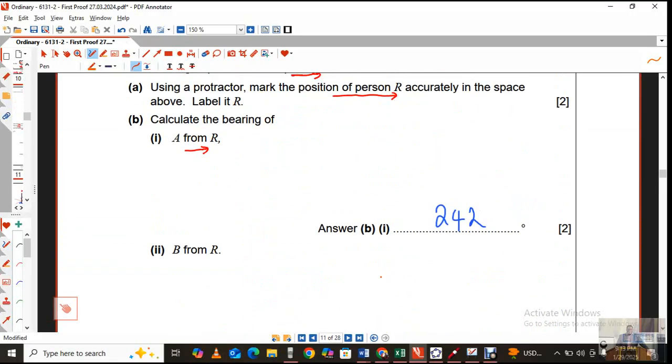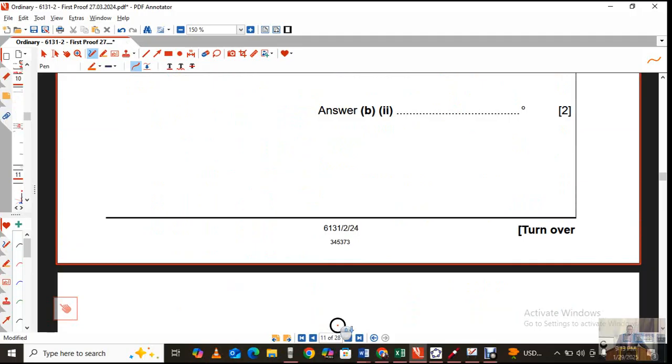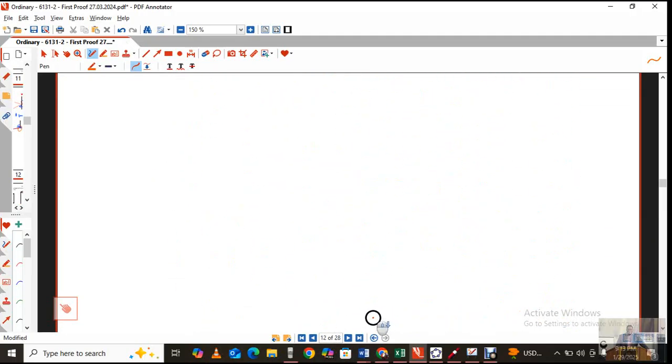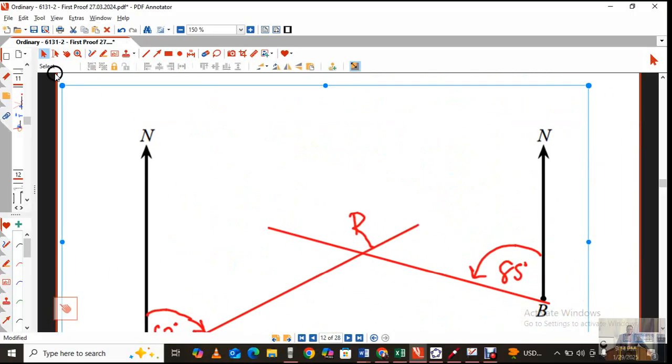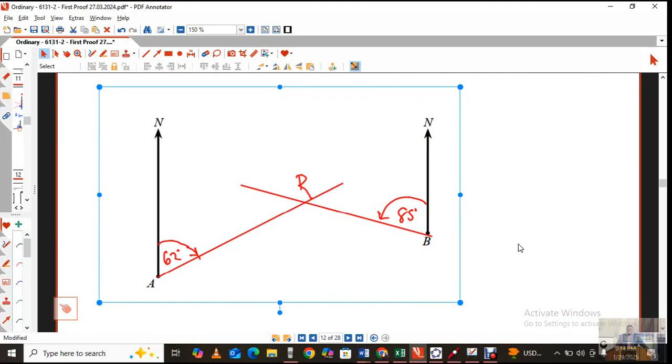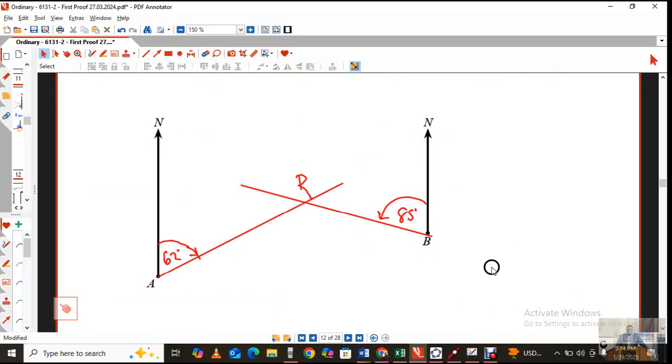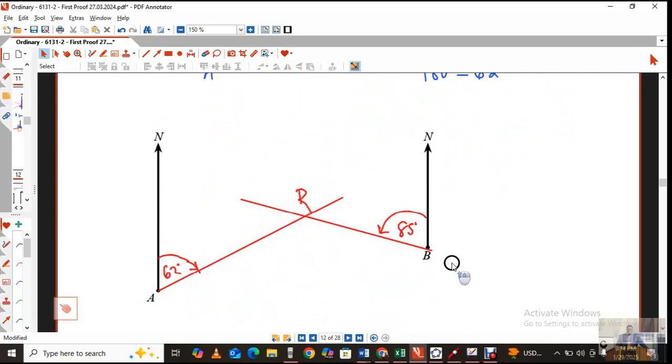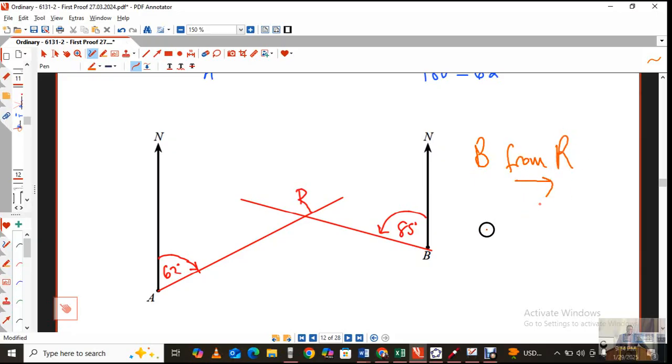The other one saying the bearing of B from R. Okay, so I think I can bring that diagram of mine again. Just bring in more values so that at least I have got the bearing of B from R. So B from R, let's write it, the bearing of B from R. I said go to R after the word from. That means we have to go here. Let me just introduce my north line so that they can be parallel.